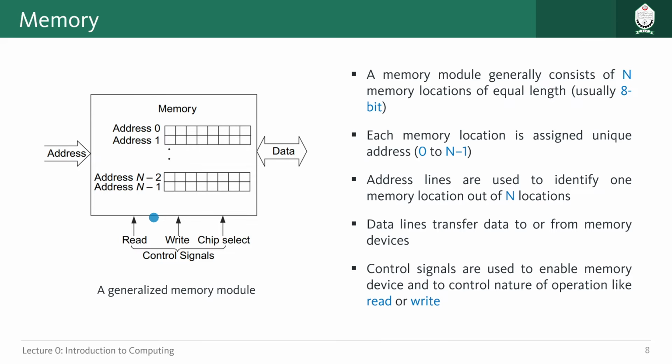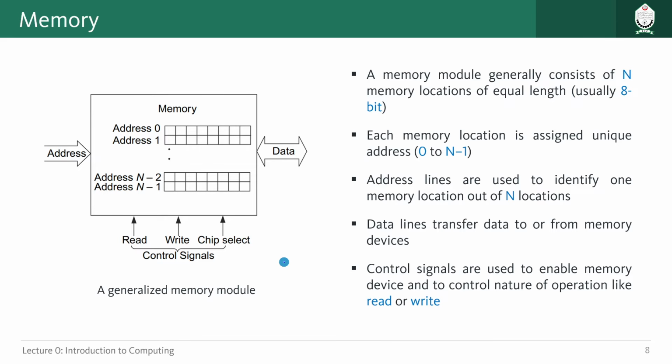You will see we have different kinds of memory in a microcontroller. Right now, going into the details of each would be very difficult, so we will just generalize this memory module in this discussion so that we can understand briefly how it works inside a computer.